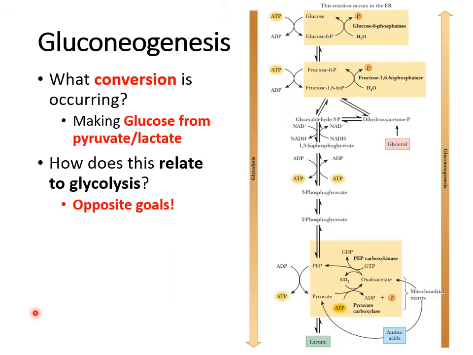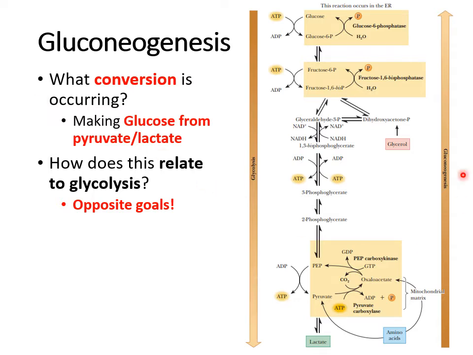So now I want to focus on the process of gluconeogenesis for a little bit. Whenever you see genesis in any terminology in the English language, that means creation of something. And so in gluconeogenesis, you're creating glucose from pyruvate or lactate. Now that should sound familiar to you, these terms, pyruvate, lactate, and glucose, because you just saw all of them being part of glycolysis.